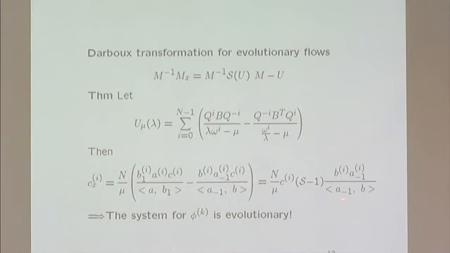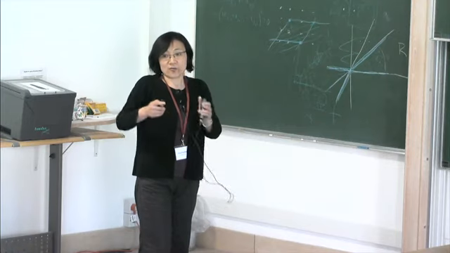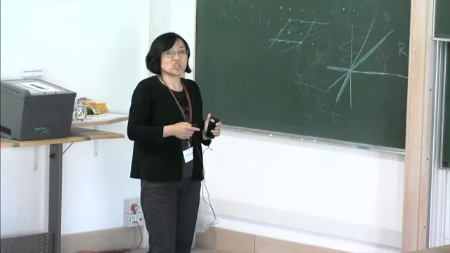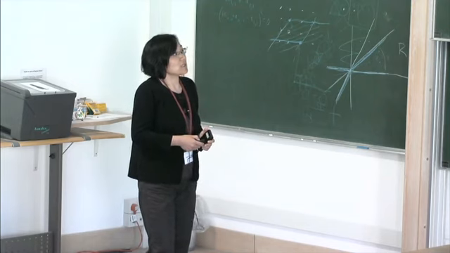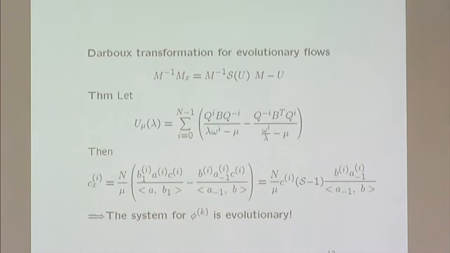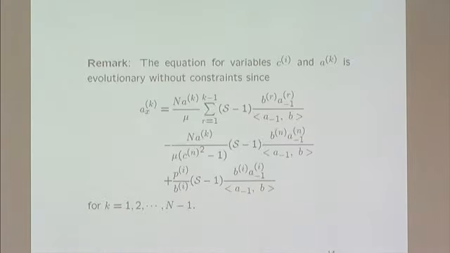And from what we know of how C is related to phi, and the matrix I wrote out, that is non-degenerate, you can invert it and get that it is evolutionary. That is a theorem. I don't think I have time to sketch the proof.